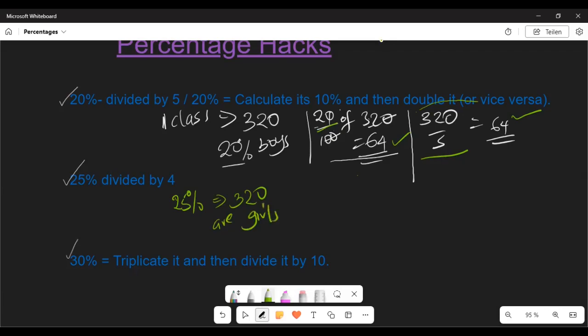So girls are 25%. Every time you are given a number and asked to find 25% of it, just divide that number by 4. So if you have 320, just divide by 4, and you have 80. Because we are more into mental mathematics, the idea is how to compute the number from your head as quickly as possible.